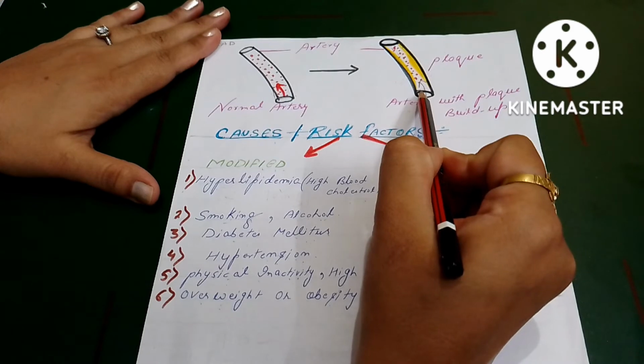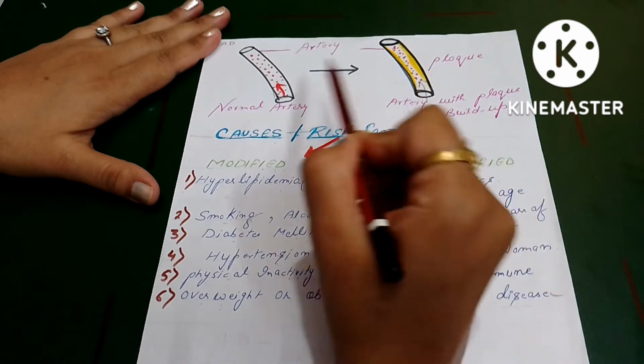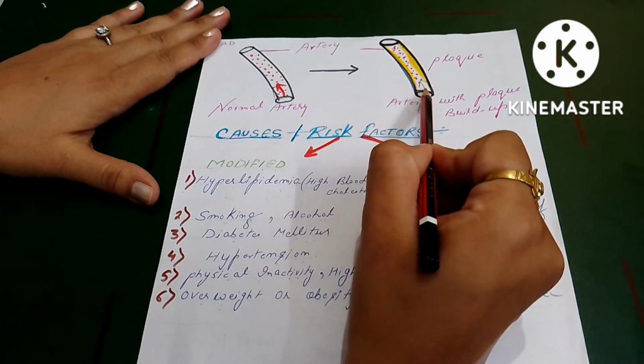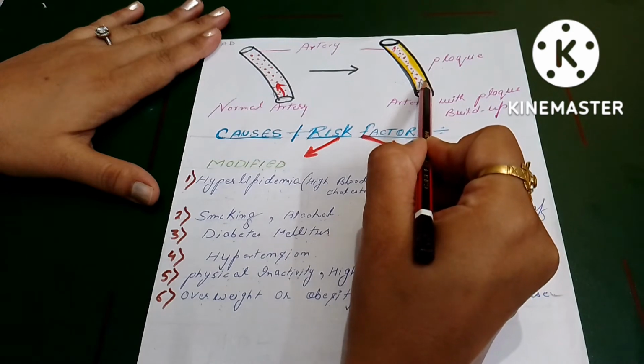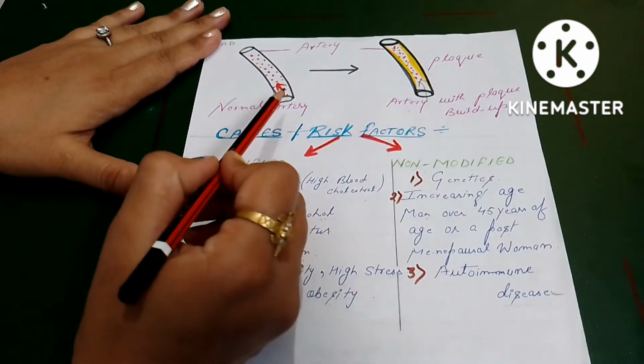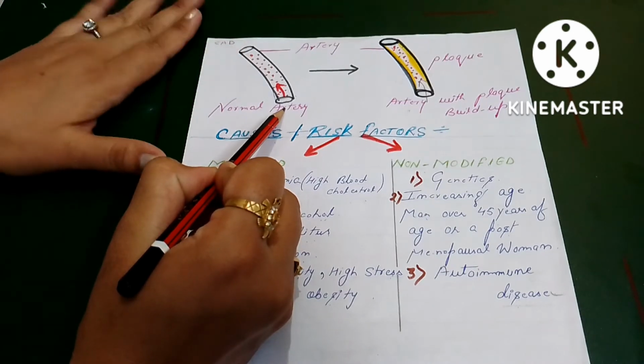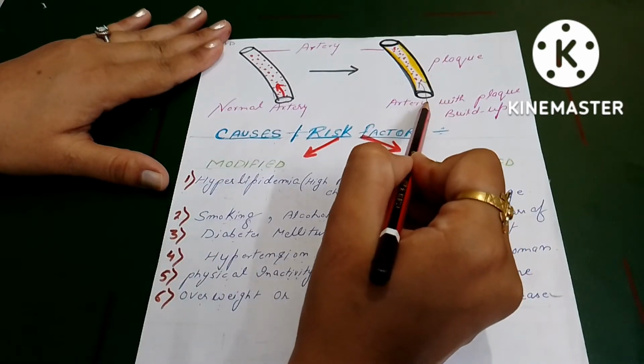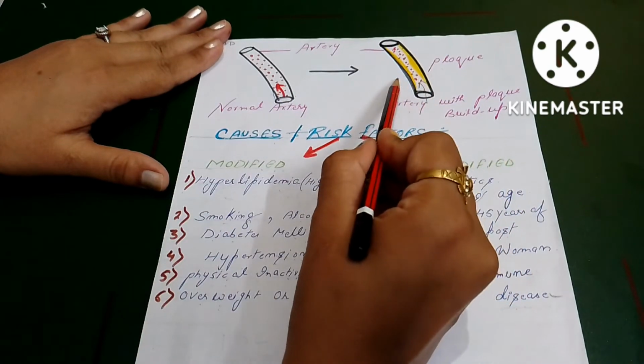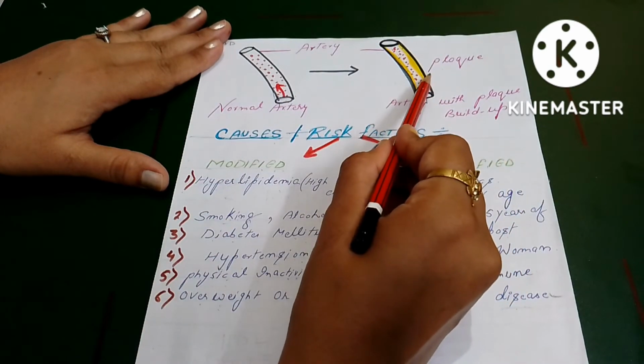We can take two pipes. This is our normal pipe and this is our blocked pipe. In this blocked pipe there is debris. If water is flowing in this pipe smoothly, there is no problem, and here, if the water is flowing, it faces resistance from the debris.